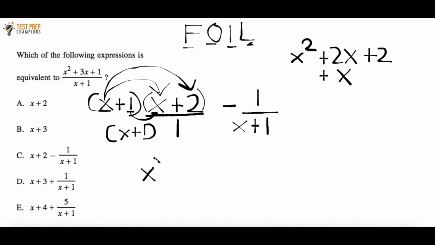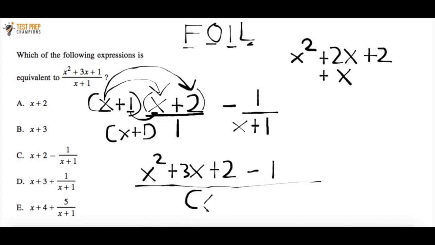I'll have x squared plus 3x plus 2, minus 1. And everything is over x plus 1 now.